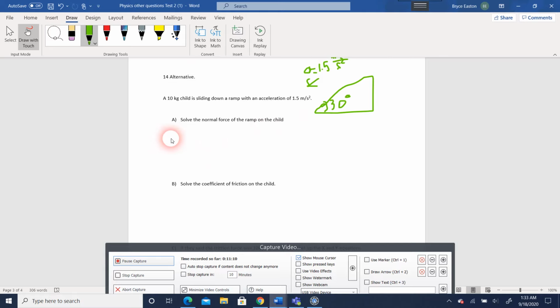So what I think we should do is draw a free body diagram. On the child, we have force of gravity acting downwards. Then perpendicular with the slope, we're going to have force normal.